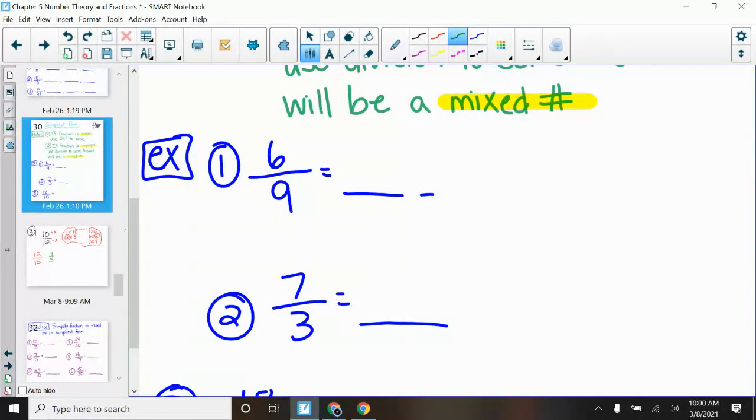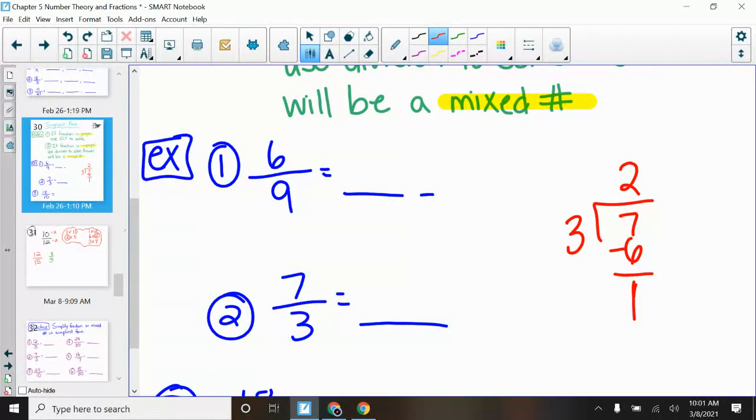Many of you are already doing this up here, which is great. But if you're not needing to and you're writing it out, that's cool too. This turns into a division problem. Your top number goes in your box. So 3 goes into 7 about how many times, Shane? About 2 whole times. When I subtract, I'm left with 1.